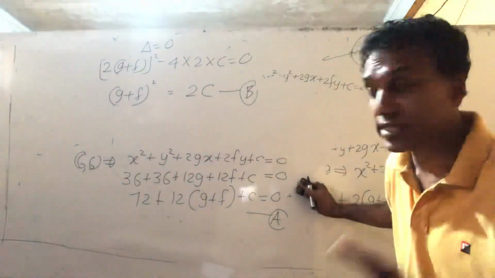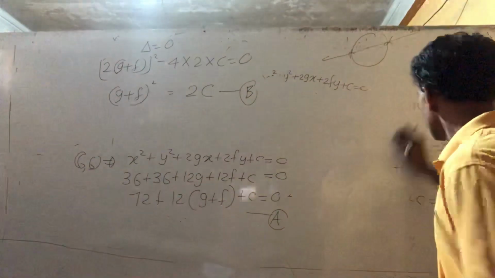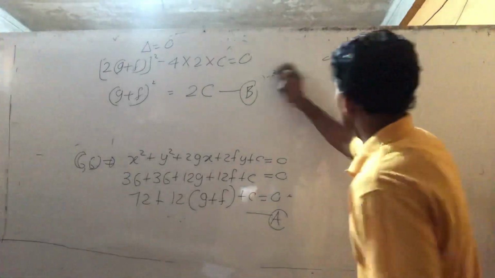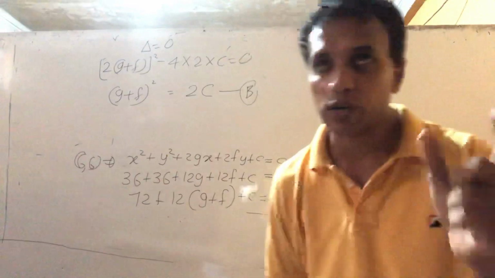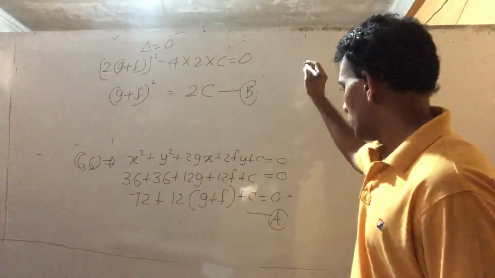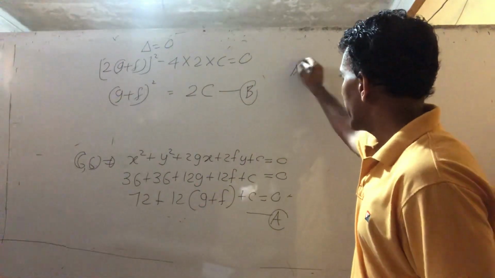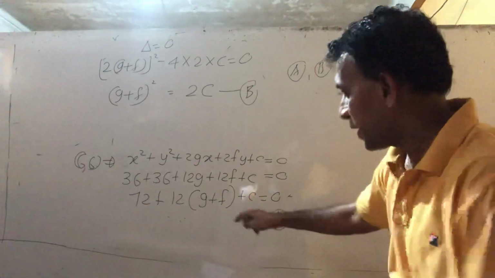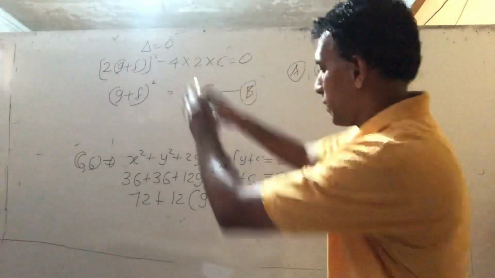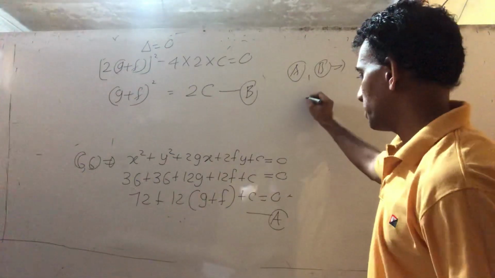The question is to find the c value. You know already the answer I mentioned in a short method, but it is not applicable here. So if I connect a and b, what is g plus f?